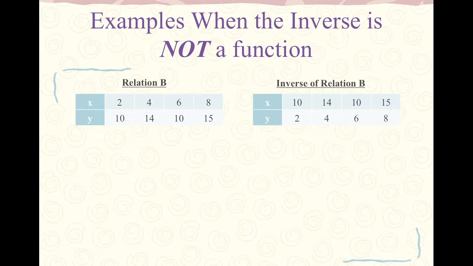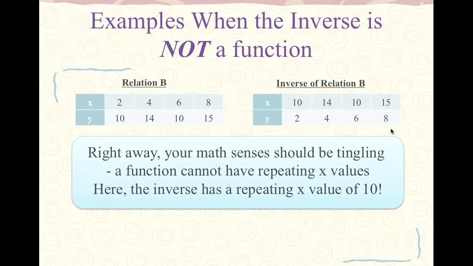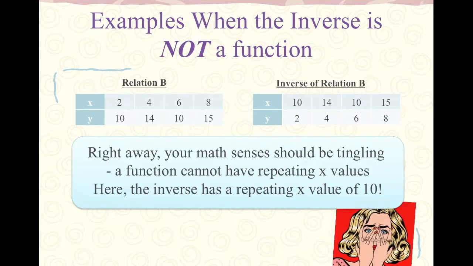What makes a function, especially in a table of values? Well, if you look here, you have 2, 10, 4, 14, 6, 7, and here you have 10, 2, 14, 4, 10, 6, and then, okay, look at this. Right away, your math senses should be tingling because a function cannot have repeating x values. And here the inverse has a repeating x value of 10.